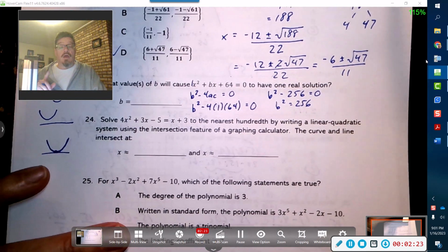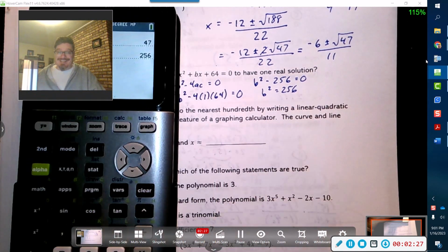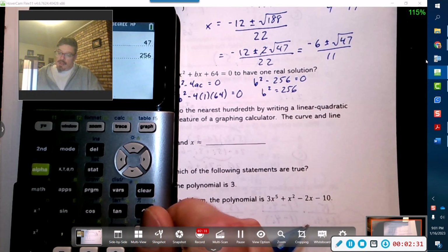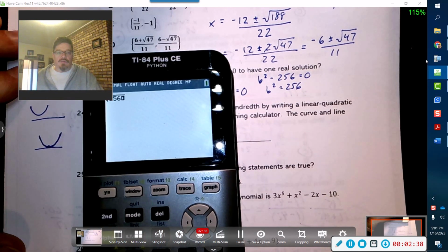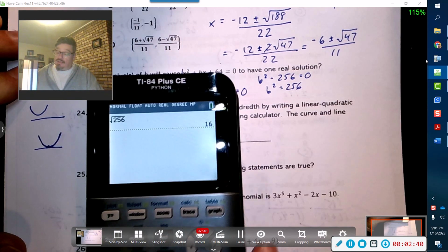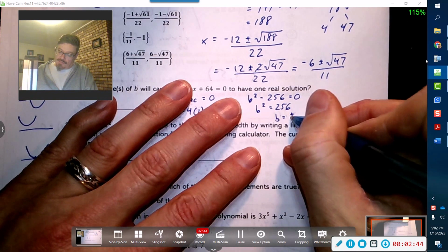Now all I got to do is take the square root of 256, but remember I'm going to have a positive and a negative version. So the square root of 256 is 16. There you go. So B can equal plus or minus 16.